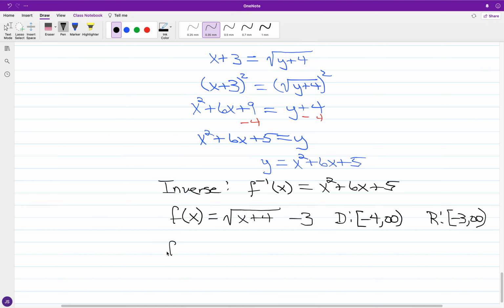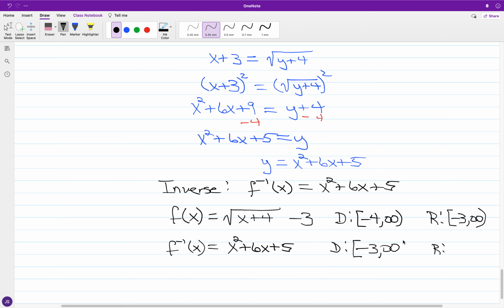Now for the inverse function, again, we're going to have interchanging x and y values. So we have the inverse function, again, that was x squared plus 6x plus 5. Now for the domain, again, your x and y values will be interchanging. Where we had the range in the original function to be from y equal to negative 3 on out to infinity, that's going to translate to the same thing for x in the inverse.